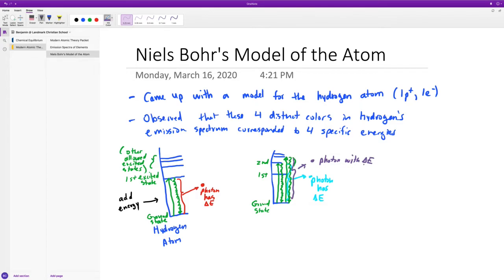Okay, so Bohr had this idea that within the hydrogen atom, there are these specific energy levels. The lowest energy level is the ground state, and then you have these other excited states, but the excited states are at very specific places. So the ground state, that's the lowest energy state for an atom. And then the excited states are at very specific spots, kind of like steps on a staircase.